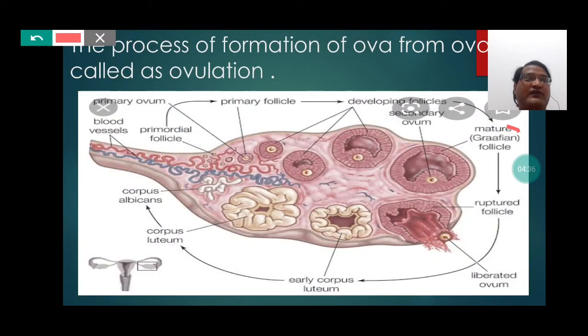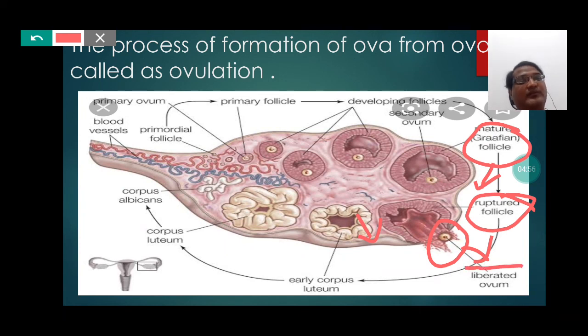After the formation of Graafian follicle, you can easily notice that the follicle merges with the ovary wall, and further the ovum is released. In this picture you can notice the liberated ovum written here, that shows the ova has been released after attaining maturity, and students, this process is called ovulation.